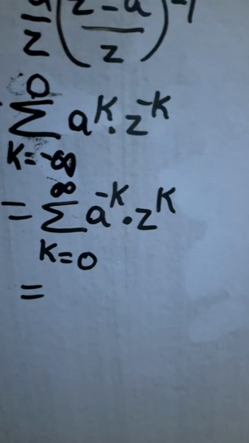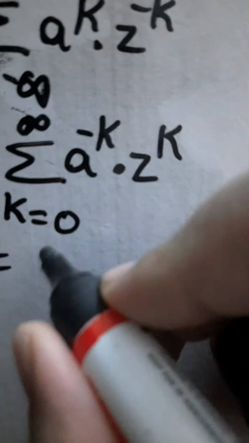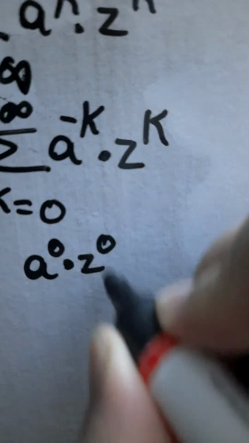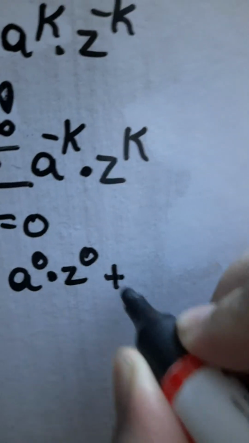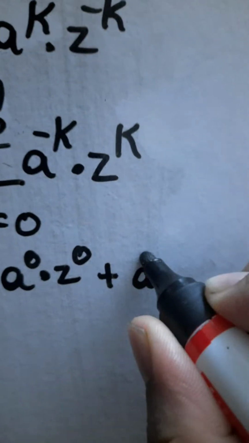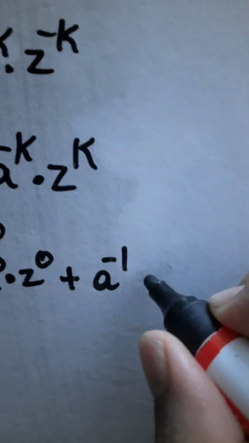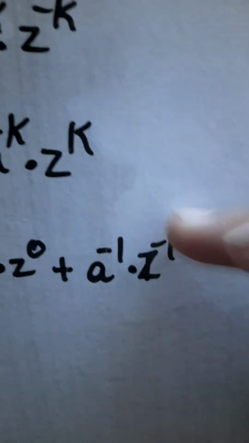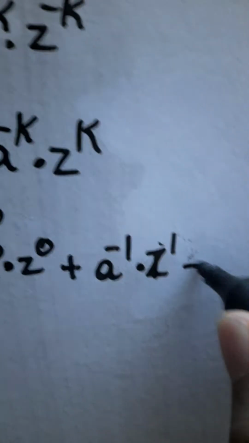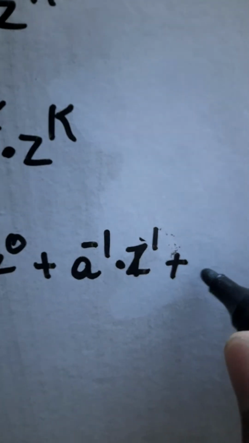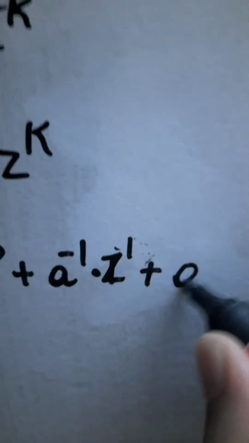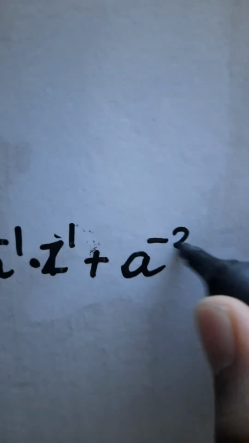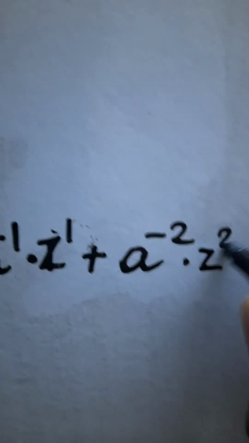So a raised to minus k. Like that we find a raised to 0 into z raised to 0, which is 1, plus a raised to minus 1 into z raised to 1, sorry, and then a raised to minus 2 into z raised to 2, and so on.